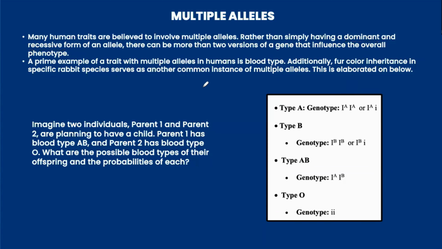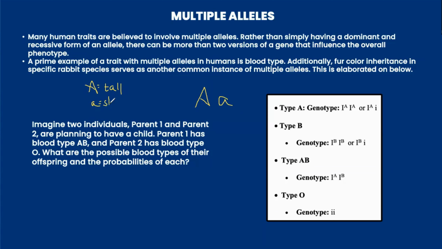Like if you remember with Mendelian genetics, for example, if we were looking at height, we would have a dominant and recessive allele. And the dominant would tend to take on the properties of the phenotype. So say, for example, capital A equals tall, and lowercase a equals short.